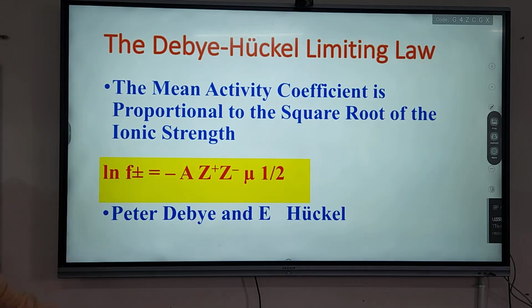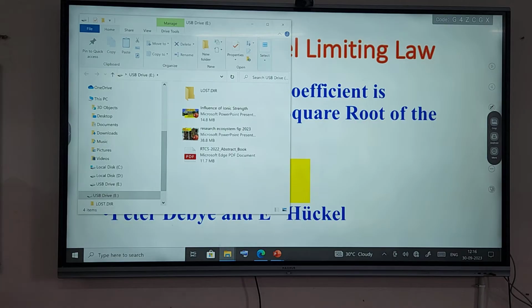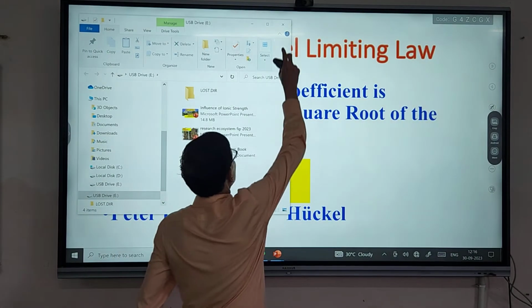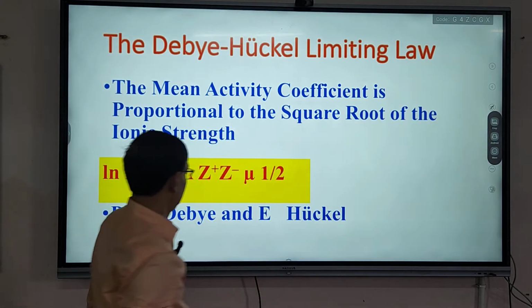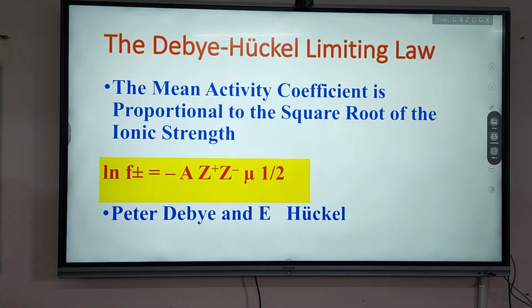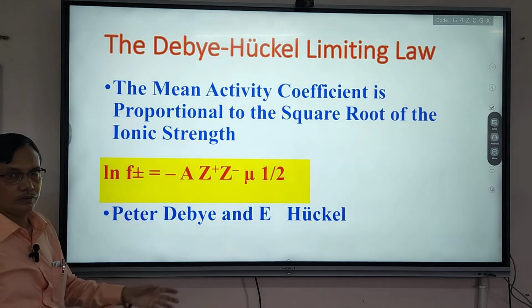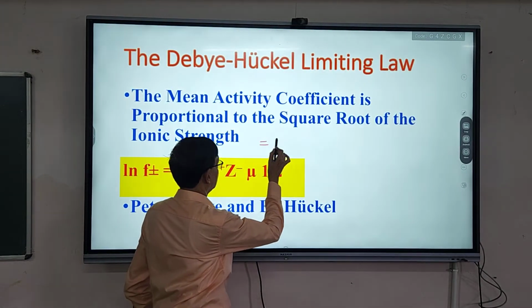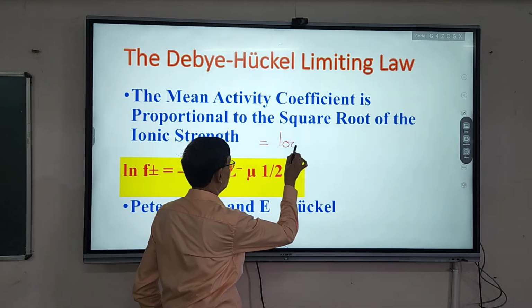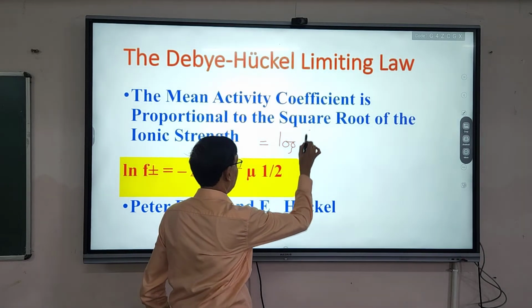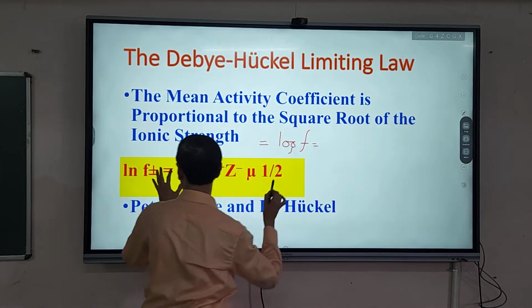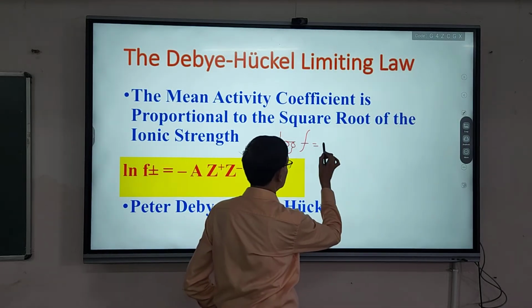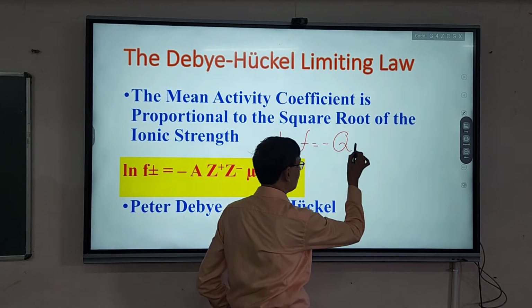whatever it is, mean activity coefficient. So you just adjust it. So I can write like that, log of F, whatever it is, same thing, minus, I have written here Q. Q is a constant.